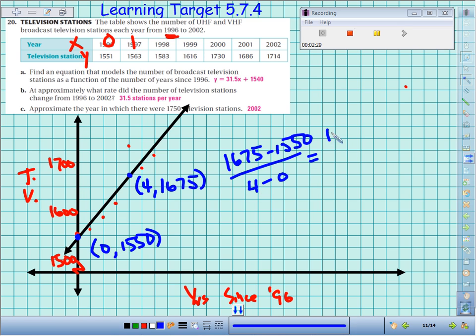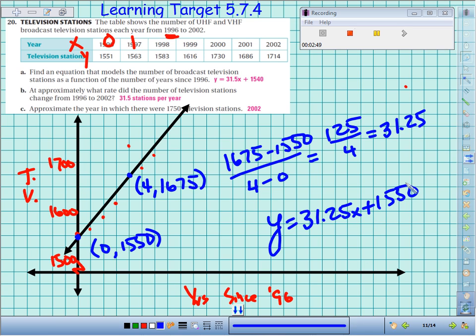We're looking at 125 over 4, so a slope of 31.25. So our equation would be y equals our slope times x plus our y-intercept. The y-intercept looks like it's about 1550, and if you compare that to the computer-generated response, we're pretty darn close.